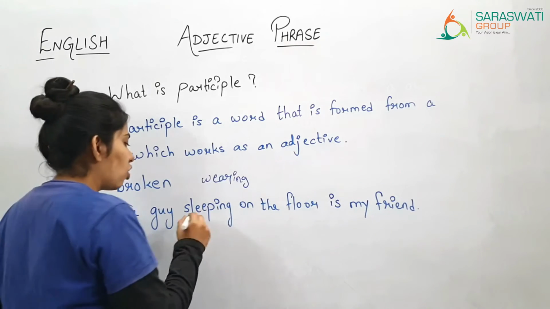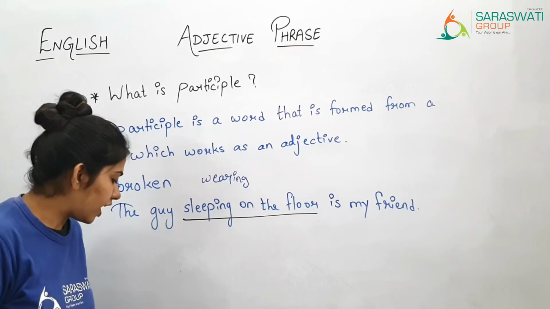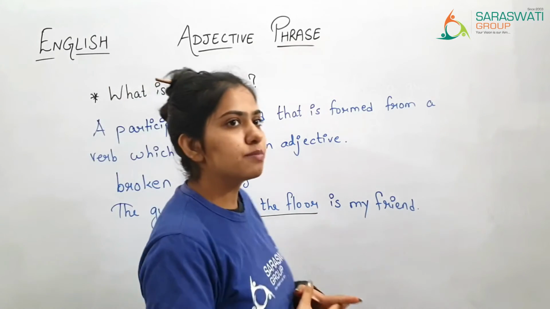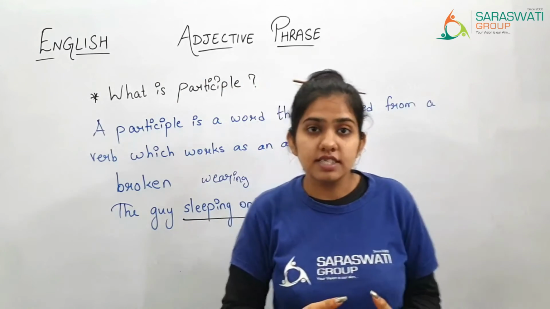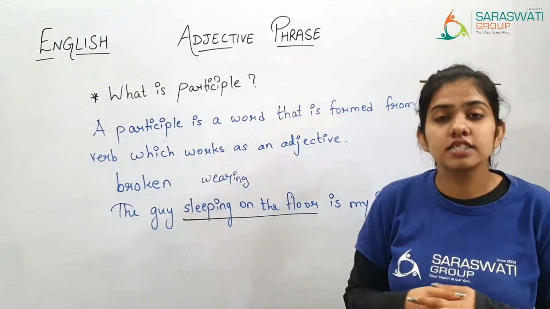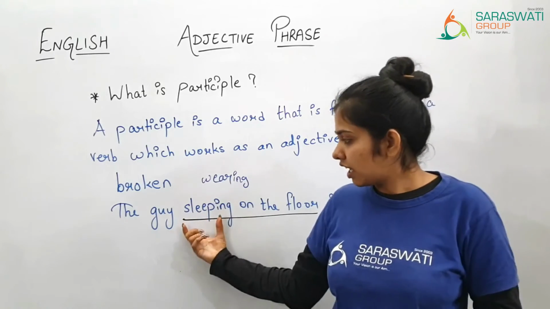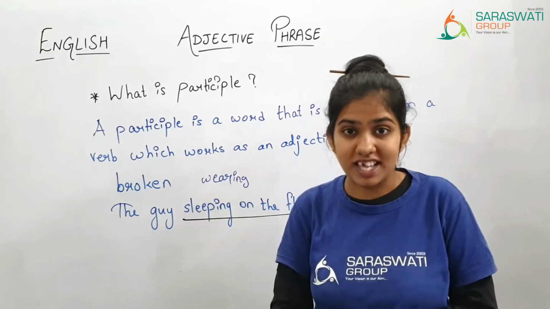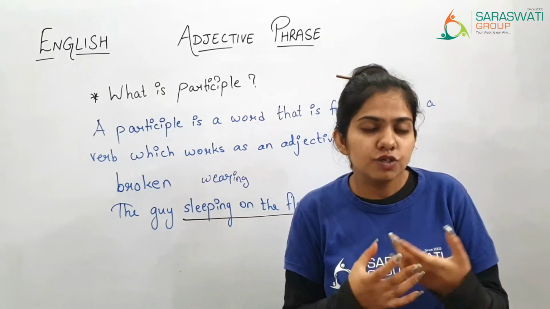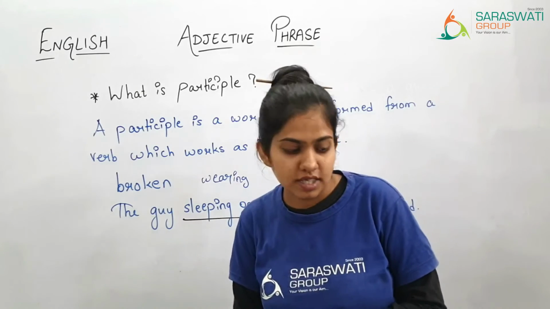So sleeping on the floor is my adjective phrase, right? So sometimes when you don't have an adjective in the sentence, then in that sentence the adjective phrase may start with participle like this way, or else it may start with preposition as I told you, right? So these are the two possibilities which may happen sometimes.